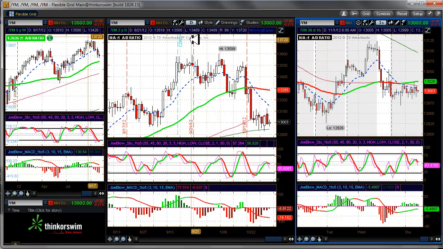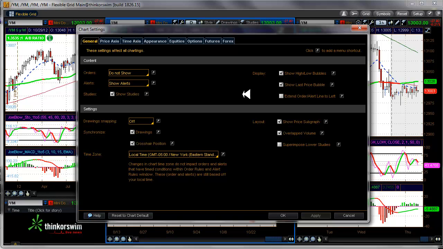To set that, you just come up here to your monkey wrench, press that and synchronize. I synchronize drawings in crosshair position. It's a feature that they added about 6 months ago. They're still trying to catch up to some other charting programs, which is good. At least they're making improvements that I like.